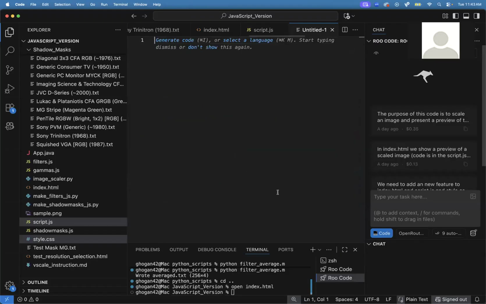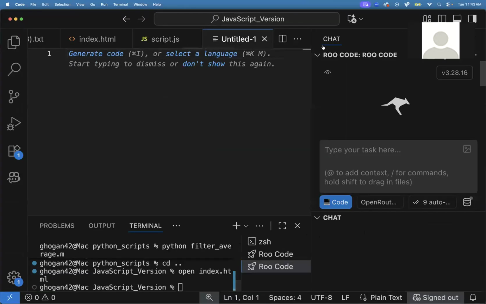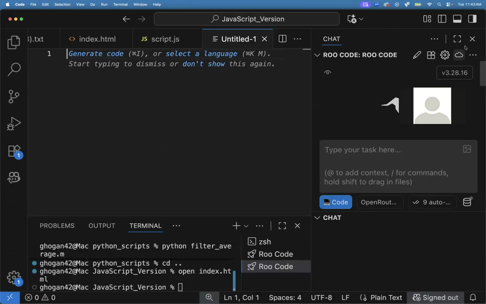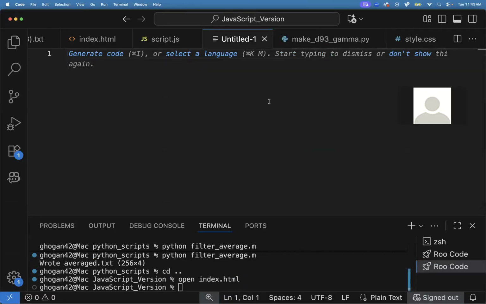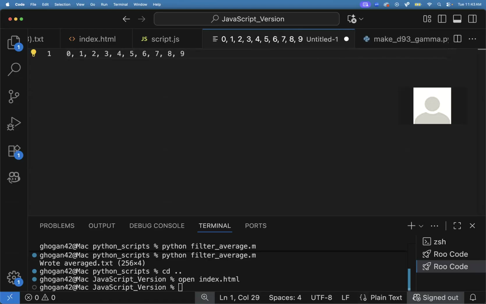So I'm just opening up a place to type real quick. Let me zoom in. The digits that we use are 0, 1, 2, 3, 4, 5, 6, 7, 8, 9. That's 10 digits so far. We need 6 more.